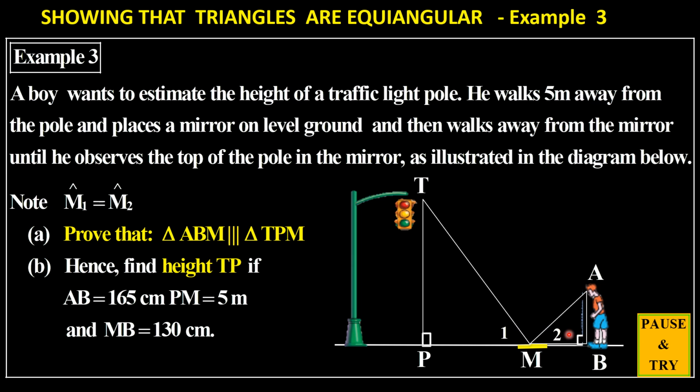So now we'll be able to determine the height of the pole using the measurements there. He knows the measurement PM, that was 5 meters. He can measure the distance that he walked away from the mirror. That's not difficult to measure, and he knows his height. Right? So let's look at the solution of this in the next slide.